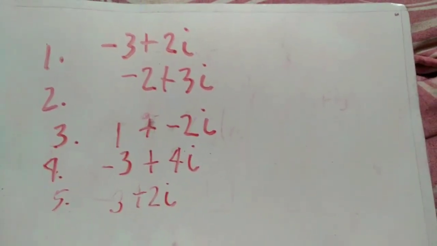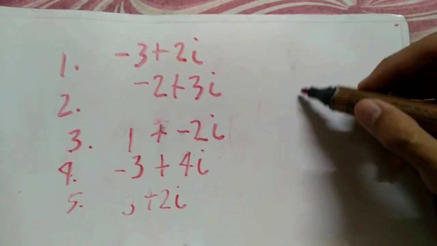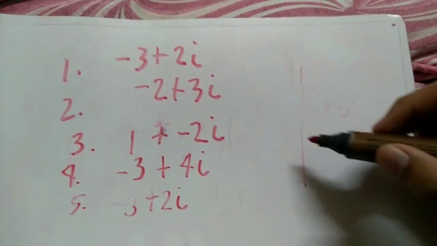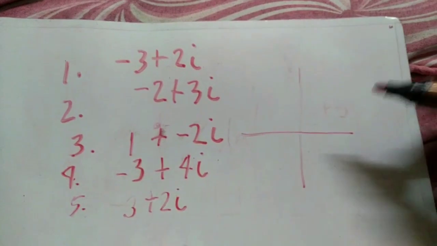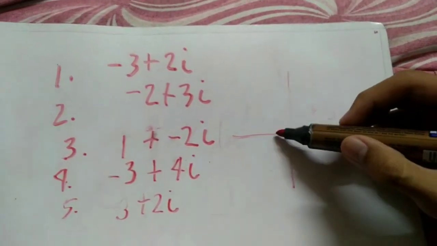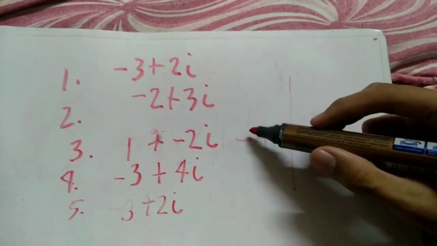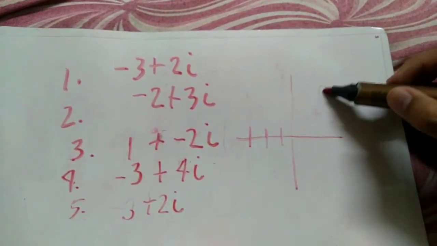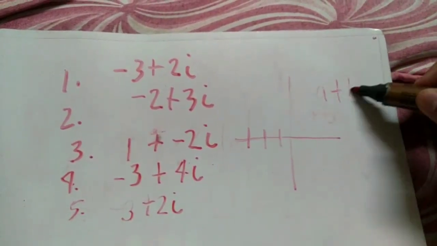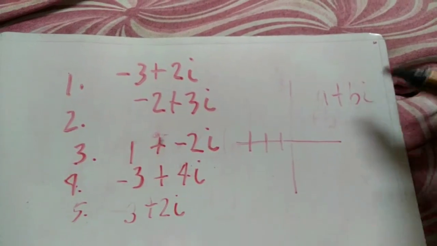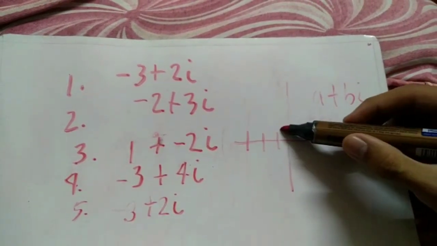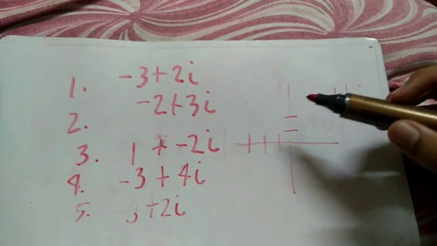Okay, the answer for number 1 is this. So draw this one. Then -3 would be -1, -2, -3. That's your a. And then your b is 2. So 1 and 2.